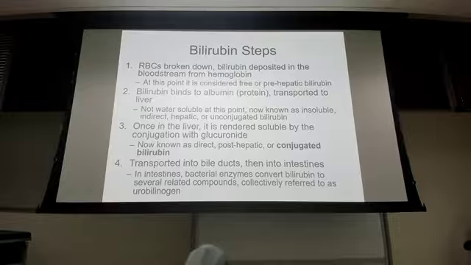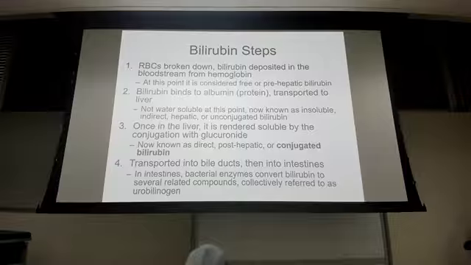So when the red blood cells are broken down, as it says on your slide, and bilirubin is deposited in the bloodstream from hemoglobin, at this point it is still free or pre-hepatic. Then the bilirubin in the blood binds to protein, albumin, and it goes into the liver. At this point, the bilirubin is not water soluble.